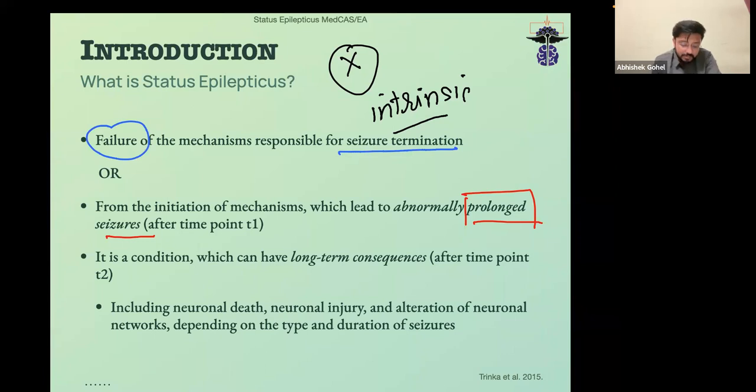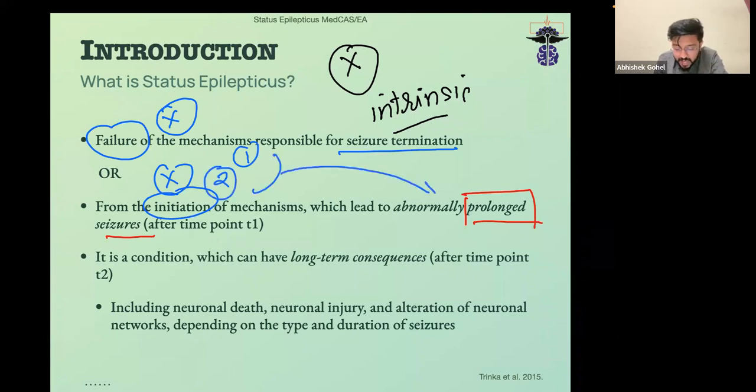These mechanisms fail to terminate the seizure, or they don't get initiated at all. So either they don't come into effect, or they are ineffective. They fail to terminate the seizure, and both these mechanisms lead to an abnormally prolonged seizure.